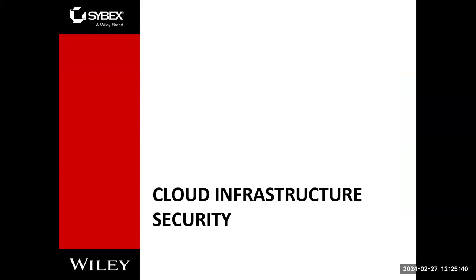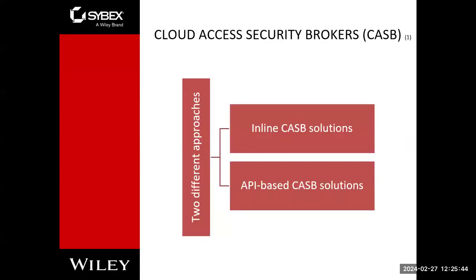So let's dive a little bit into cloud infrastructure and its security. Cloud access security brokers are basically third parties that will work with you in line with your cloud deployment. There are two different approaches with this, inline and API-based. API-based can be where you use third-party software for access to other third-party infrastructures.